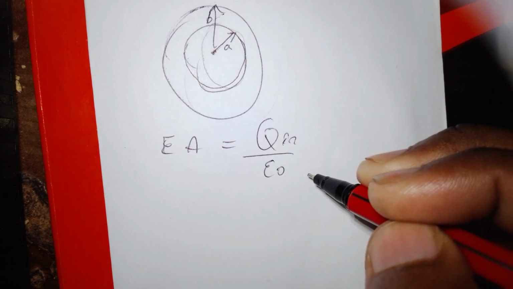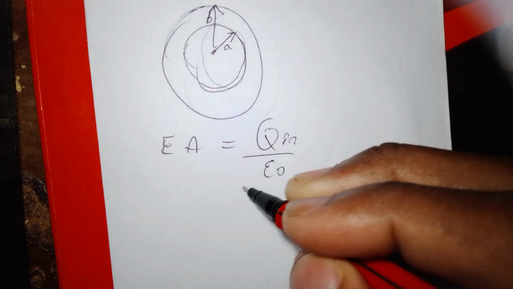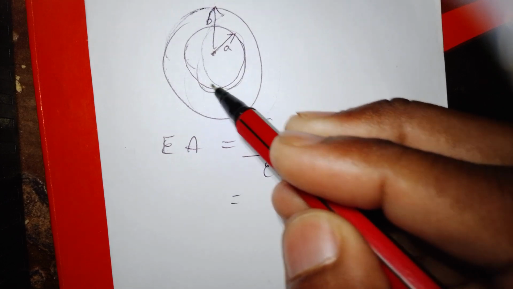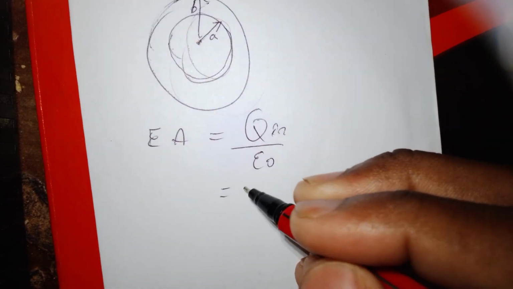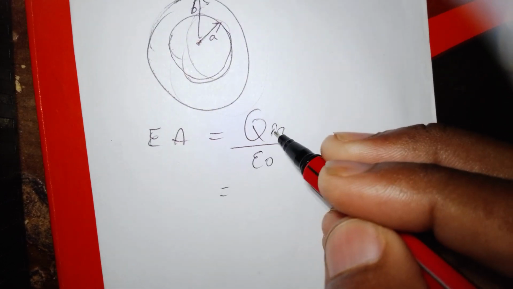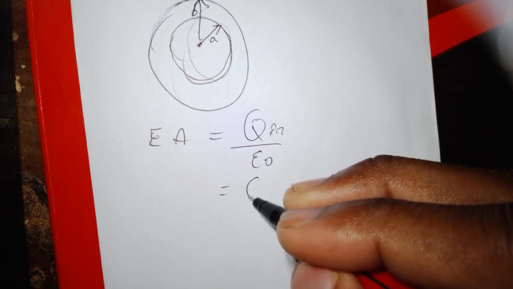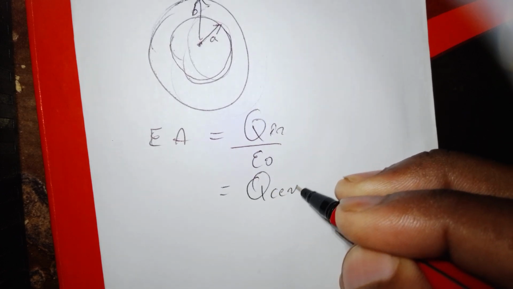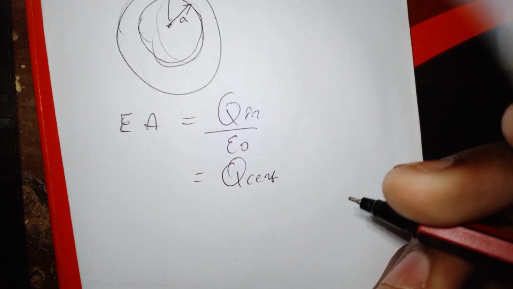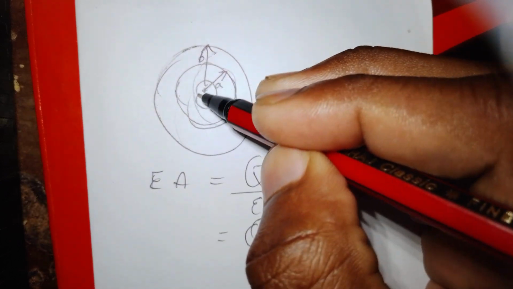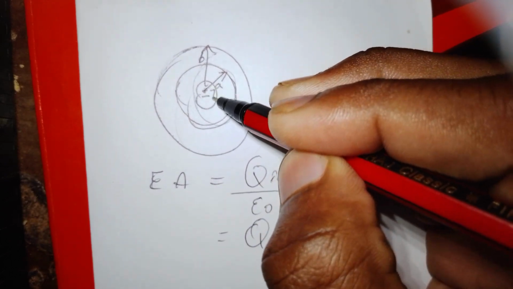Now the charge inside, we want to start with the sphere inside first. That would be the charge at the center, which is the additional charge which you had to put in here of -2Q. Remember?